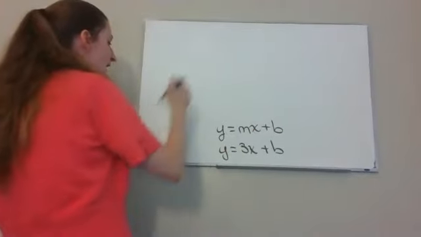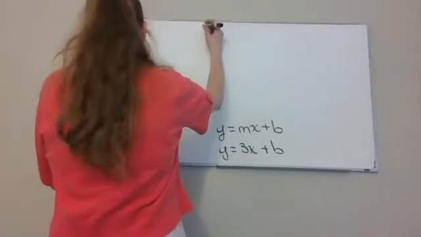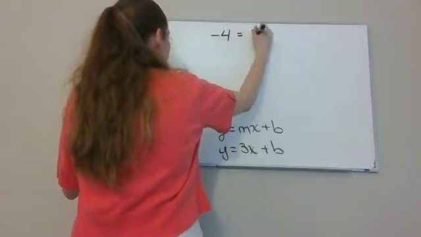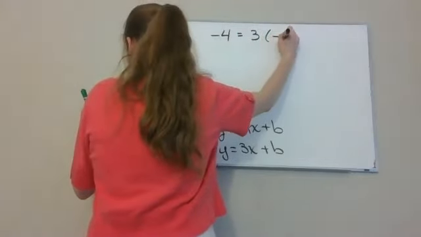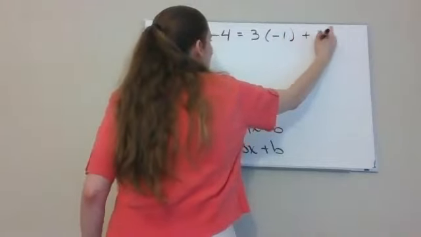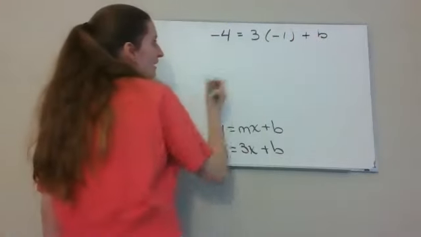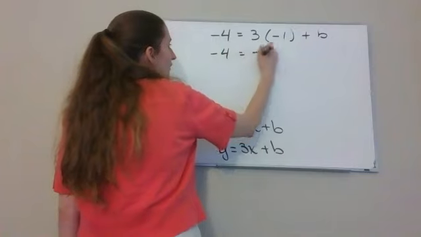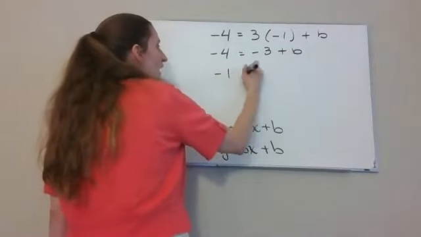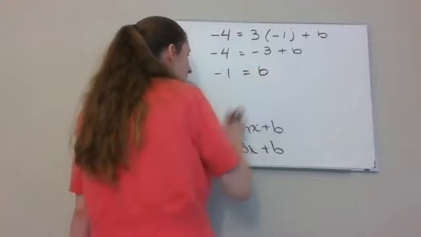So when I do that, my y value of the point that I was given was -4, and my x value was -1. So I can solve this for b. -4 equals -3 plus b. Add 3 to the other side, and I get -1 equals b.